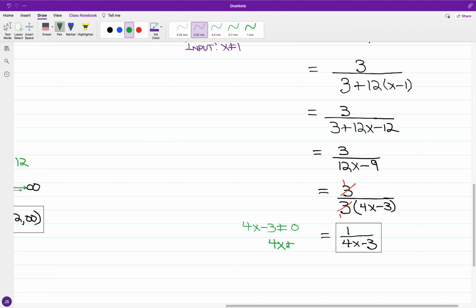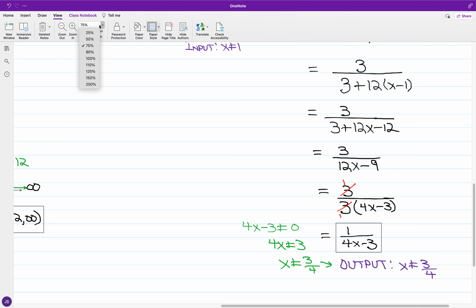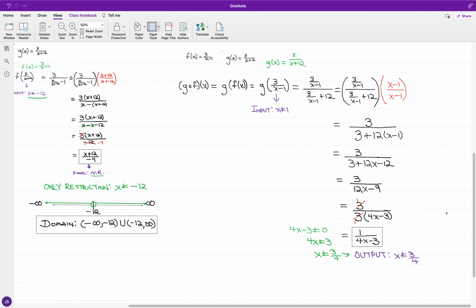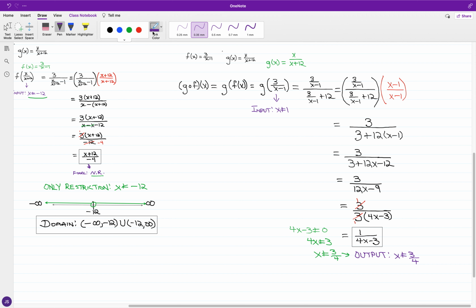So we had that 4x cannot be 3, and we have that x cannot be equal to 3/4. And so this is going to signify that for the output, again, x cannot equal 3/4.